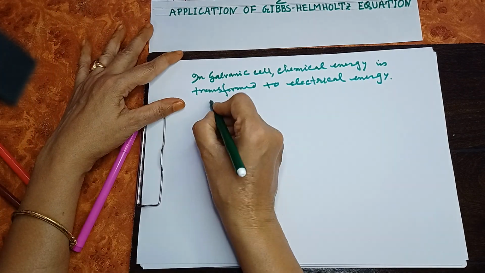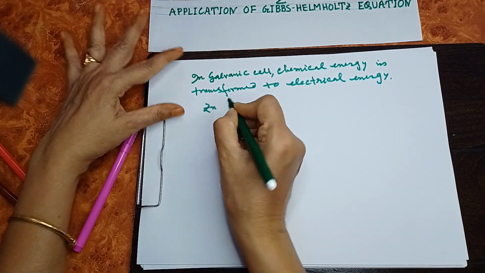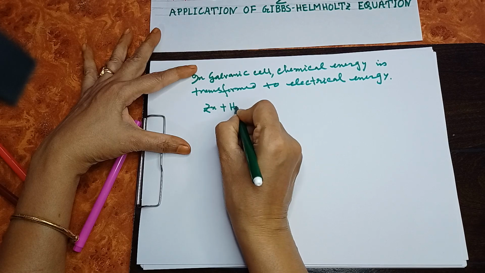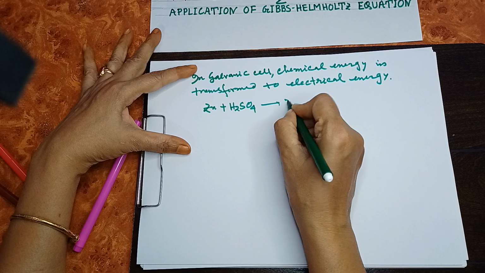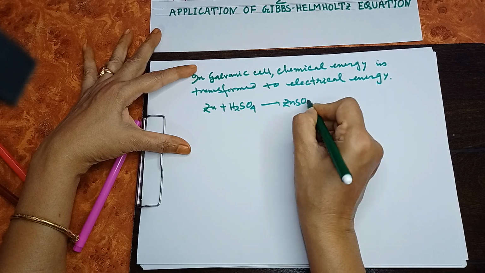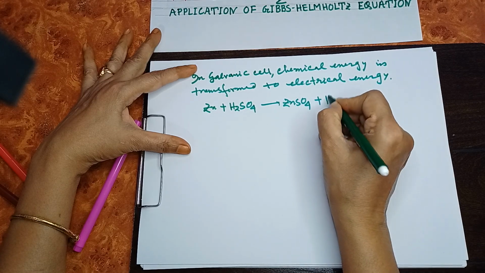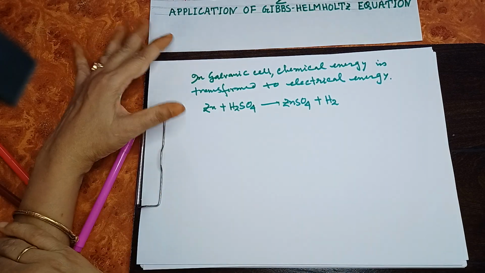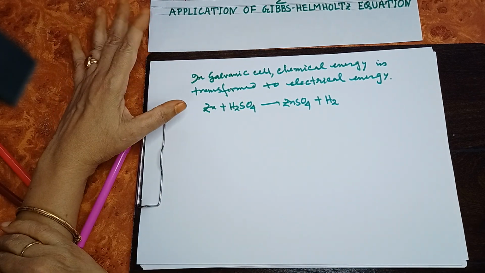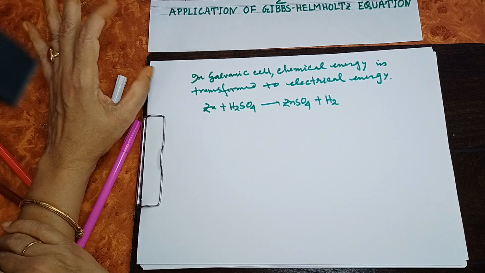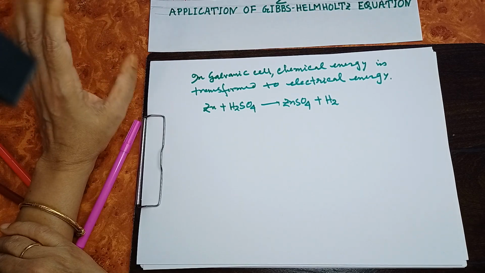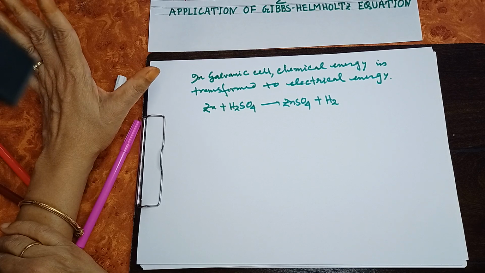Now look at this reaction. Zinc plus sulfuric acid gives zinc sulfate and hydrogen gas. When this reaction is allowed to take place in a beaker, heat is evolved, that means it is exothermic.